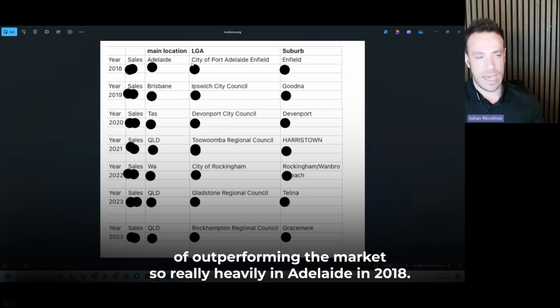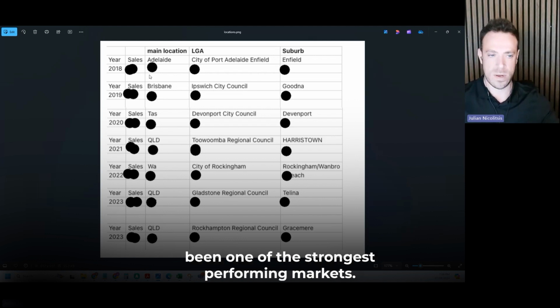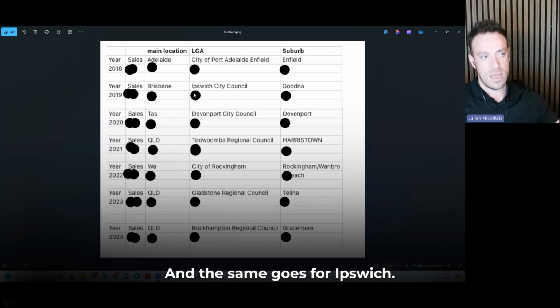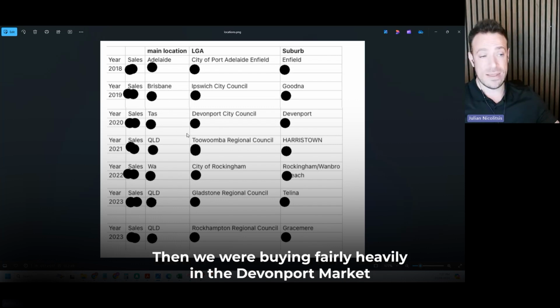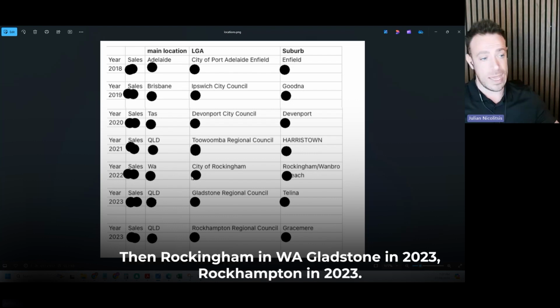Really heavily in Adelaide in 2018, and it's been no secret the last couple of years that Adelaide has been one of the strongest performing markets, and the same goes for Ipswich. Then we were buying fairly heavily in Devonport, Toowoomba extremely heavily, and that's been a very strong performer. Then Rockingham in WA, Gladstone in 2023, Rockhampton in 2023.